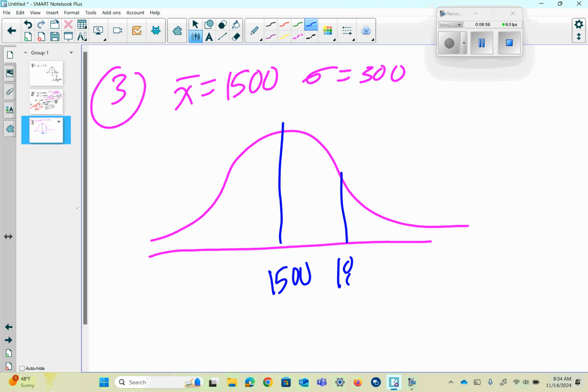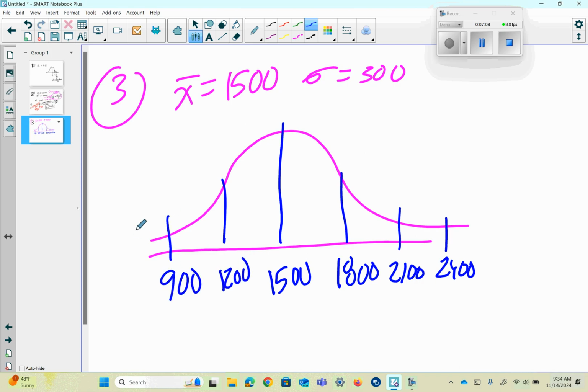That's 1,800 because we add 300, 2,100, 2,400, and then 1,200, 900, and 600, if I did my arithmetic correctly. If we wanted to convert that to a z table, the 1,500 becomes 0, 1,800 becomes 1, 2,100 becomes 2, 2,400 becomes 3, and so on.